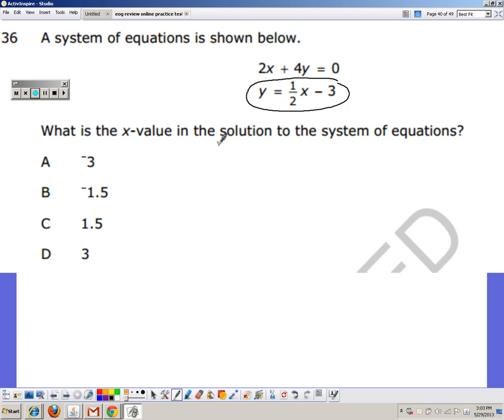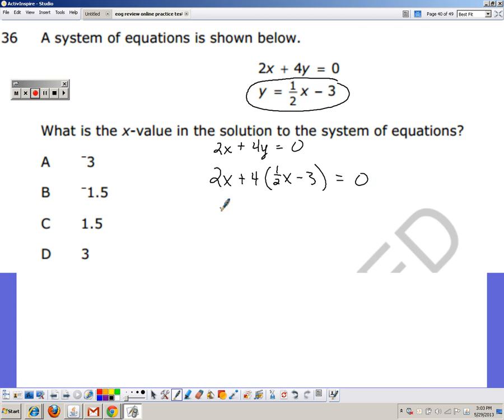So instead of y, we're going to say 2x plus 4 times (1/2 x minus 3) equals 0.